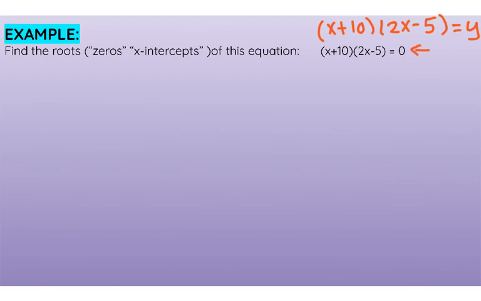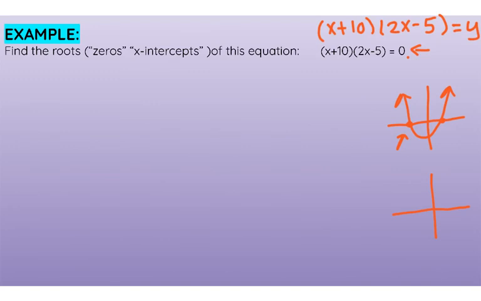If we input 0 for y, when y is equal to 0, that is when we will find the x-intercepts of a quadratic function. Remember, if you have parabolas on a graph, the spots where they cross the x-axis are our x-intercepts. Again, we're also going to call these our zeros, and we are also going to call those our roots. They're going to help us in graphing.